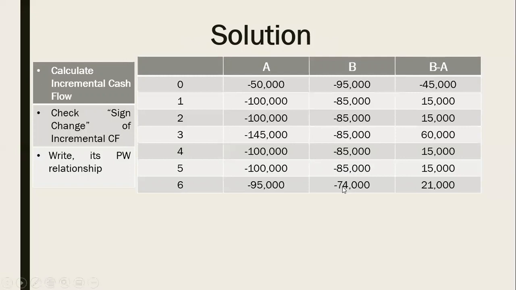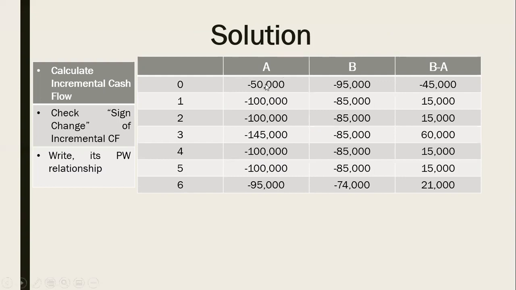But in year 6, we have 74,000 because we need to account for the salvage value of 11,000. So 85 minus 11, 74,000 will be the net cash flow at the end of 6th year for project B.